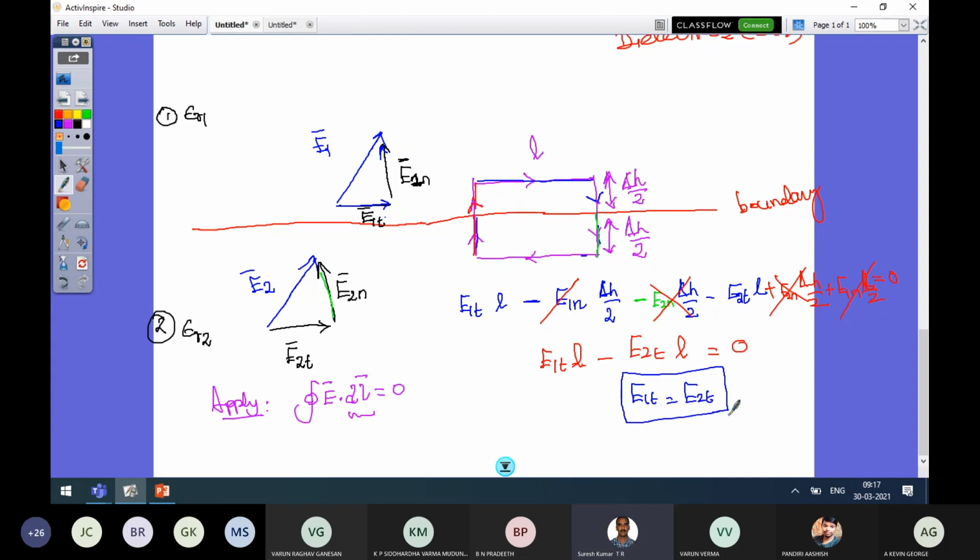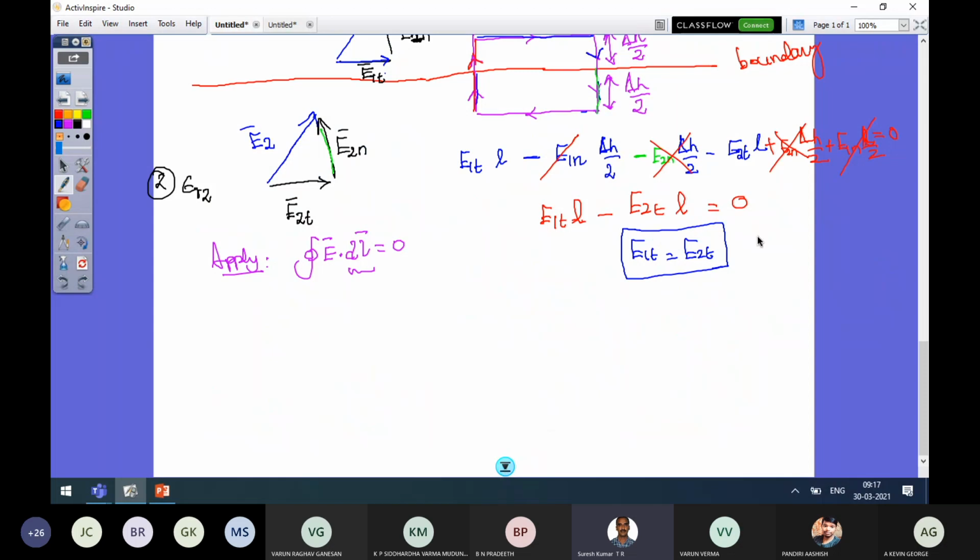So by applying this equation, we found one relationship, that the tangential component of the electric field is continuous across the boundary or interface. Please try to interpret the meaning of the equation E1T equals E2T.